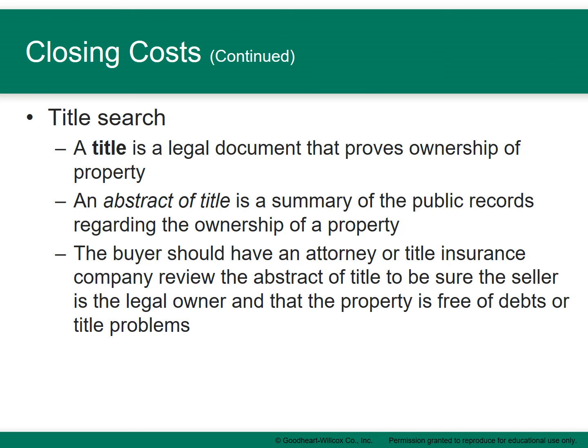That is what the title is, and the abstract of title is a summary of the public records regarding the ownership of the property, so you'll see who's owned the home before you. It's also important to have an attorney and have everybody review everything, so you can make sure that the person selling is the legal owner and that the property is free of debts or any title issues.